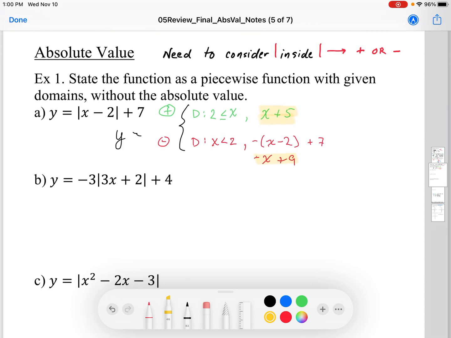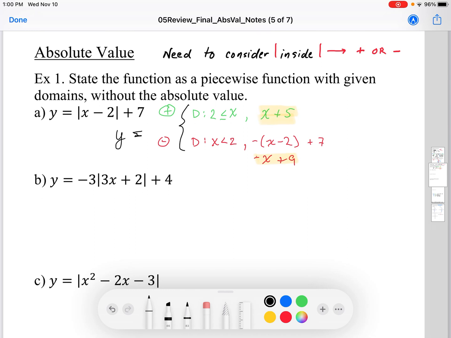So this is, again, the big idea, that we are looking at the positive and negative versions of the equation, and that's based on the domain, and we can establish that way.